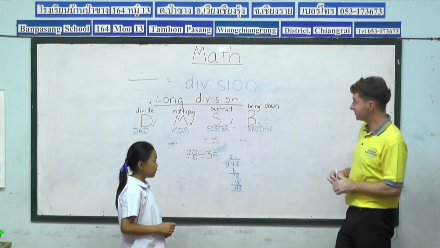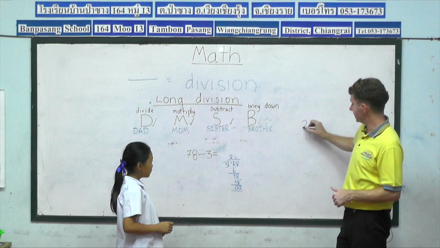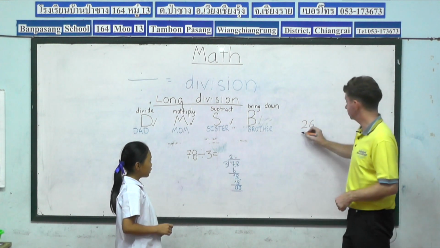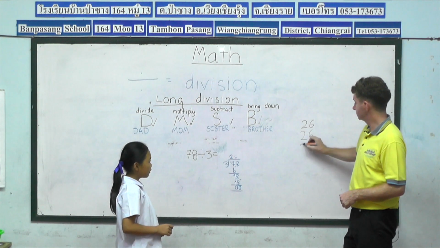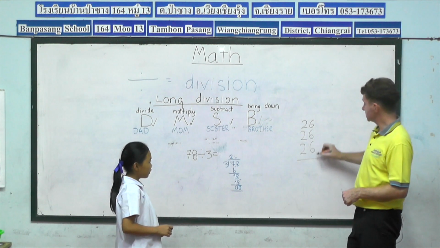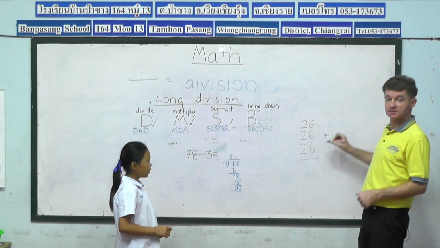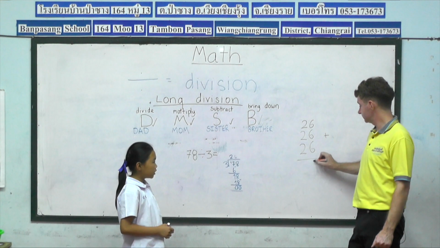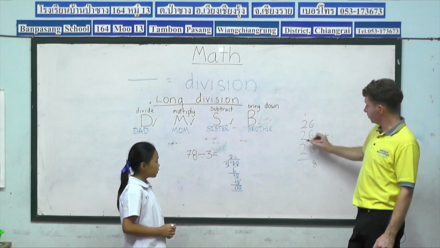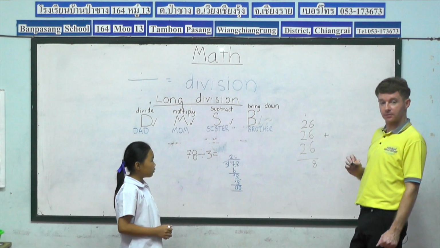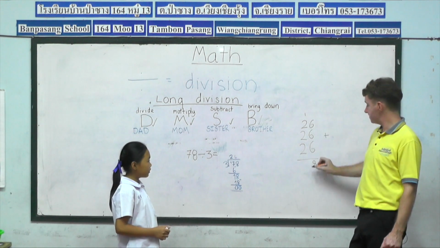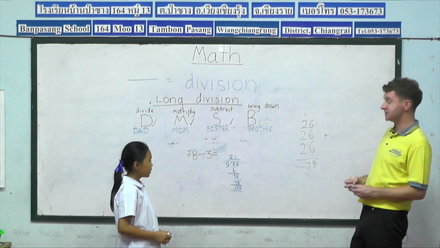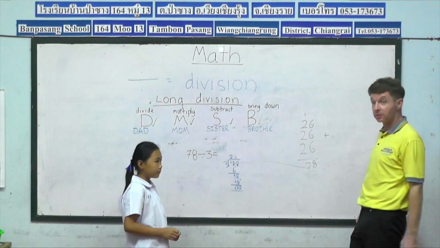And remember how I said we can check by writing 26 how many times? 3 times. 6 plus 6 plus 6 equals 18. 2 plus 2 plus 2? 6 plus the other one? 7. And we can check our answers. 78, so we know we're double correct.